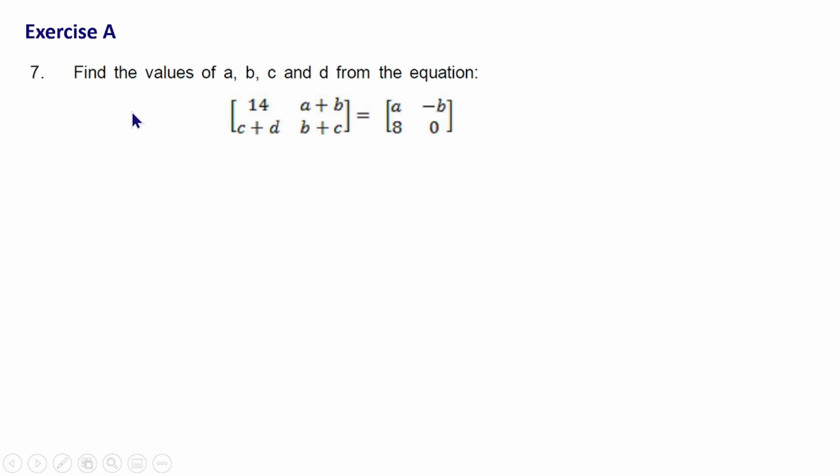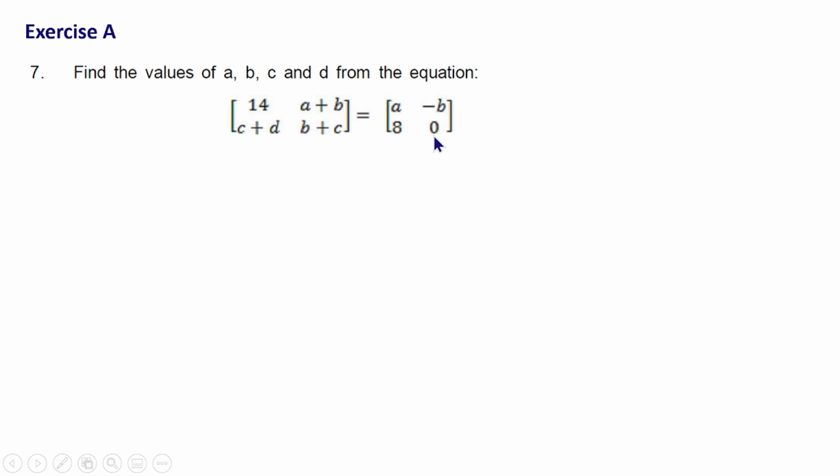Next question, find the values of a, b, c and d from the equation. Here it is given [14, a+b; c+d, b+c] is equal to [a, -b; 8, 0].